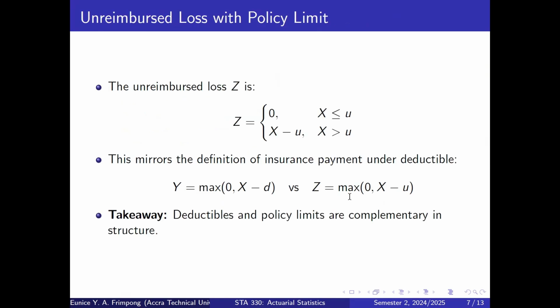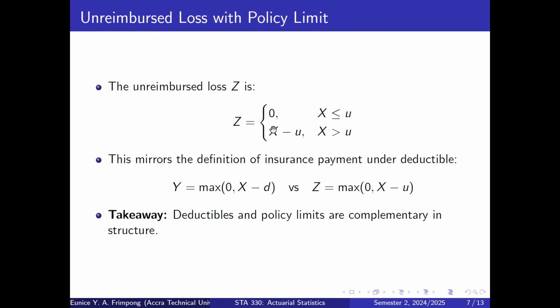Let's define unreimbursed loss in the context of policy limits being present in the contract. Unreimbursed loss, denoted as Z, is the amount the insured pays. So under a policy limit, Z equals 0 when the loss is less than or equal to the policy limit.